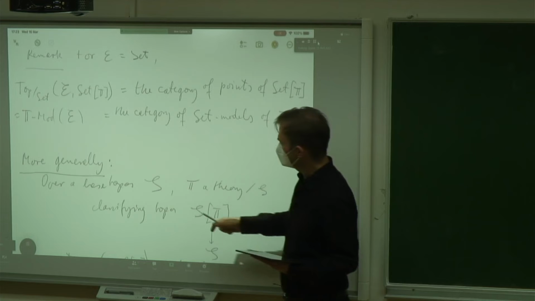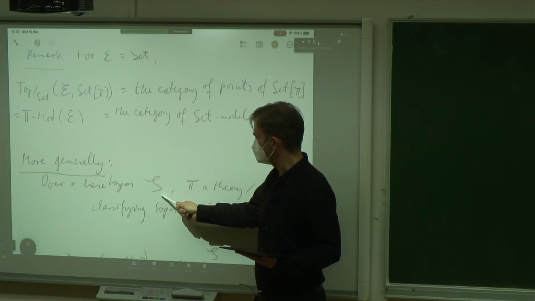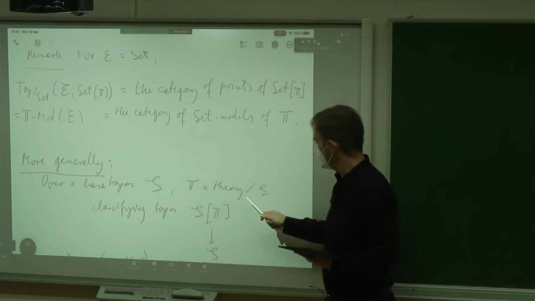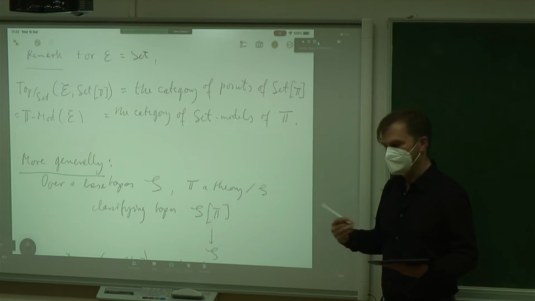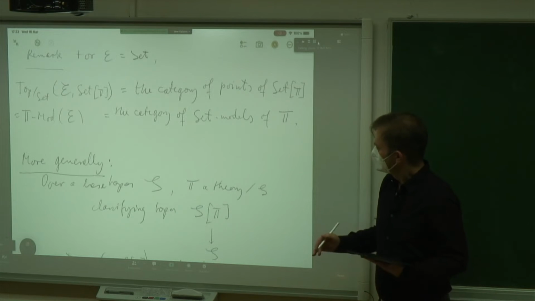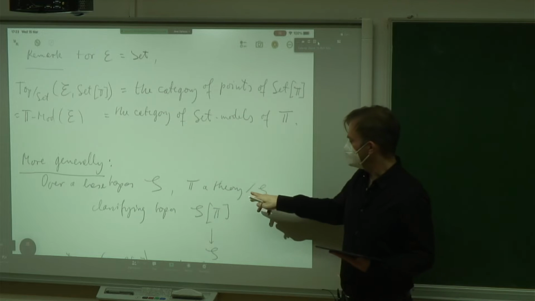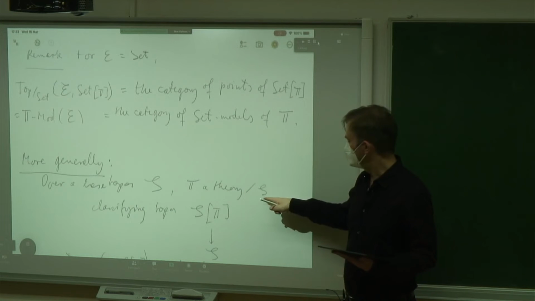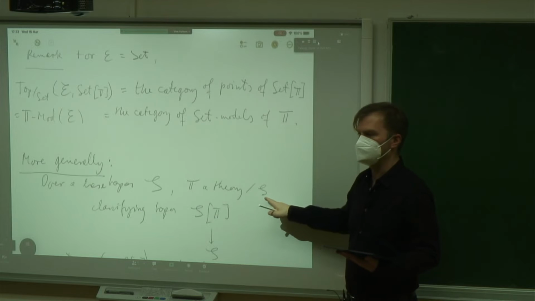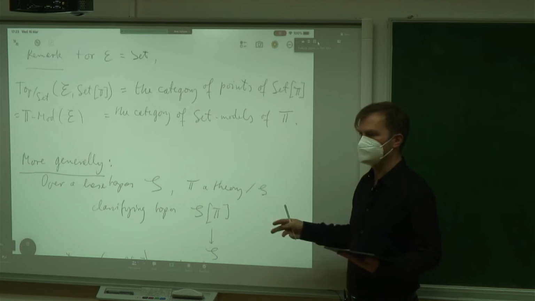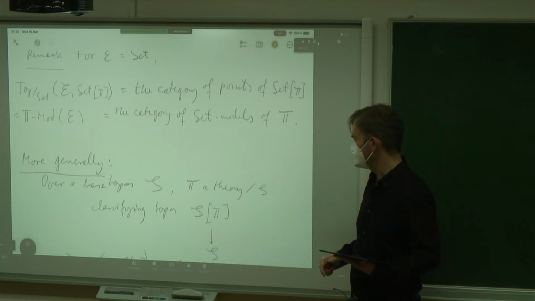But you can work over an arbitrary base topos S. And if you take a theory over S, it's not so easy to explain what that might be, but it would be a theory that mentions certain fixed objects from S as parameters. So S would be like a parameter space for that theory.